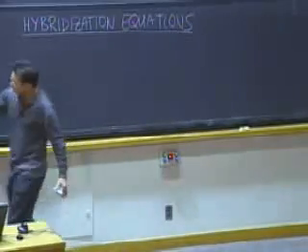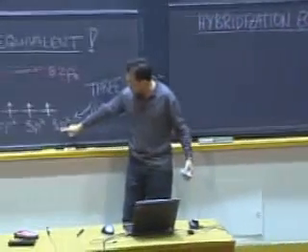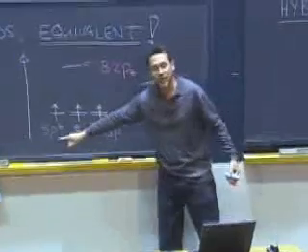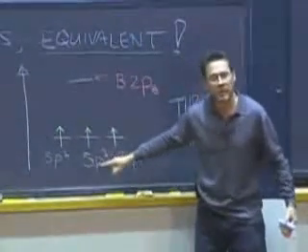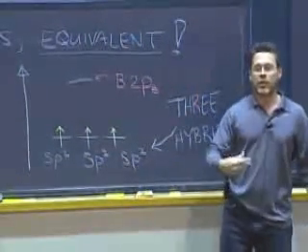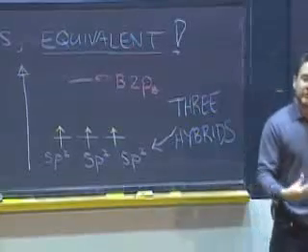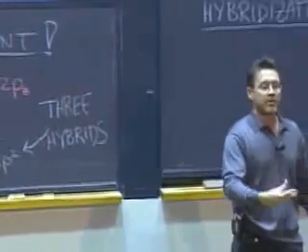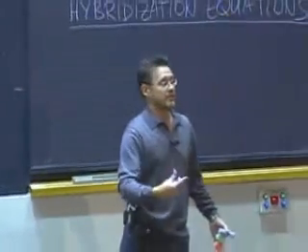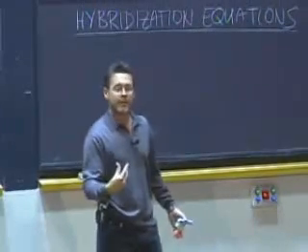And essentially what we're going to do is seek equations that have 1 part s and 2 parts p, each of them, but which point in the correct directions in space for making 3 separate 2-electron bonds between the boron and the 3 hydrogens.